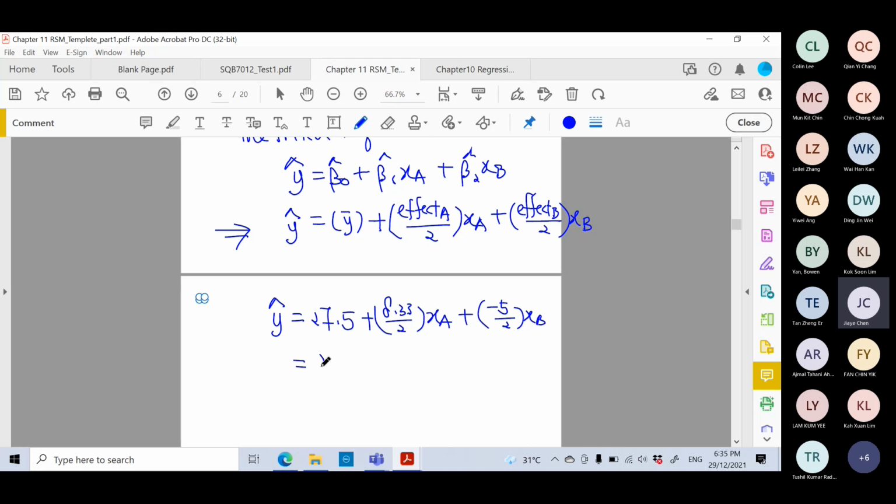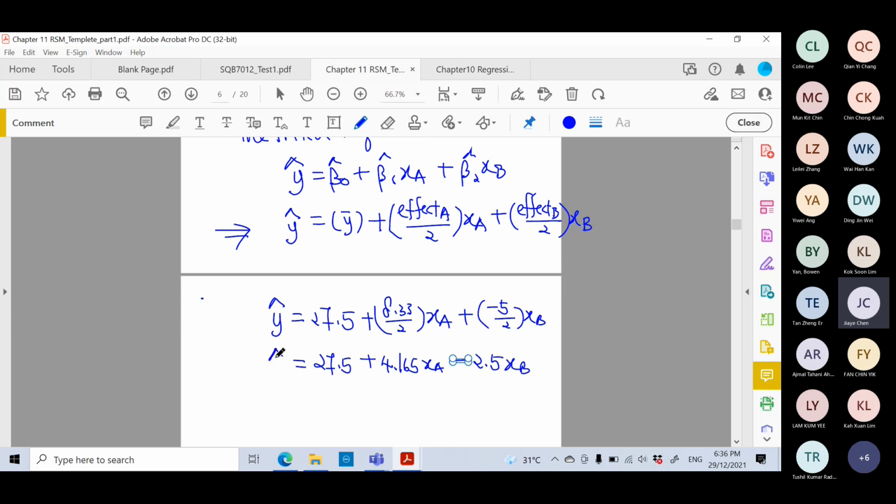So therefore, your equation will be plus 8.33 divided by 2, which gives 4.165 XA, plus minus 2.5 XB.